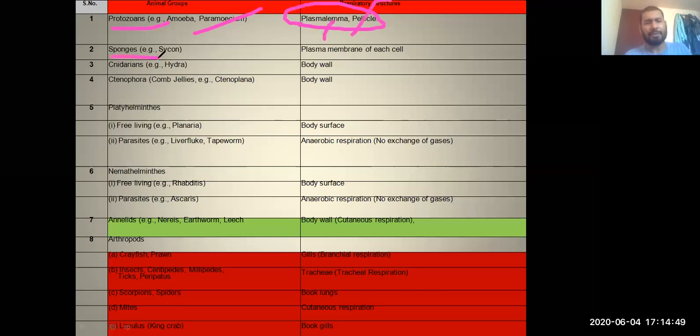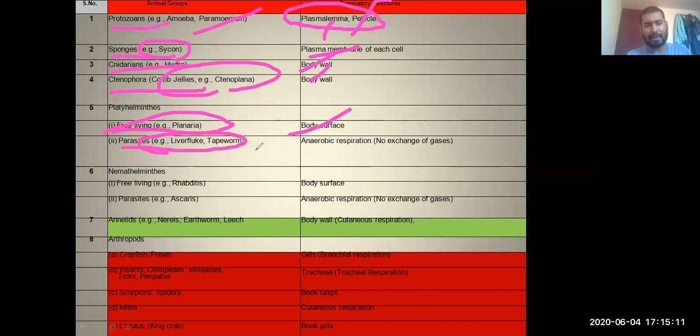In case of sponges, that is Sycon, they also respire through the plasma membrane, means the body surface, which we have already seen. Cnidaria, body wall, and Ctenophora, the comb jelly, also the body wall. Next phylum, Platyhelminthes: free living planaria perform respiration through the body surface, and parasites like liver fluke and tapeworm perform anaerobic respiration, no gaseous exchange.